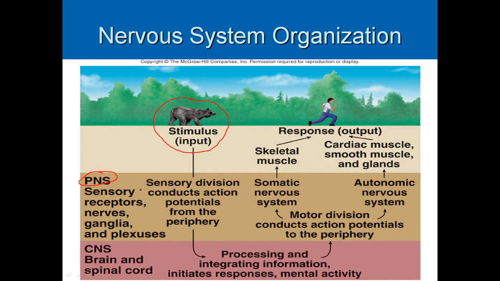So he is going to have sensory signals that are going to pick up the bear. Maybe he sees the bear, smells the bear. I don't know if he's going to touch the bear. He might hear the bear, probably won't taste it, but these are all the senses, right? So he's going to see, touch, taste, smell, hear. He's going to sense the bear.